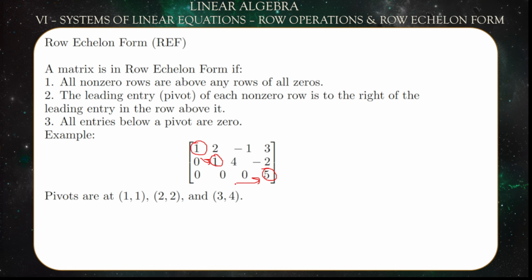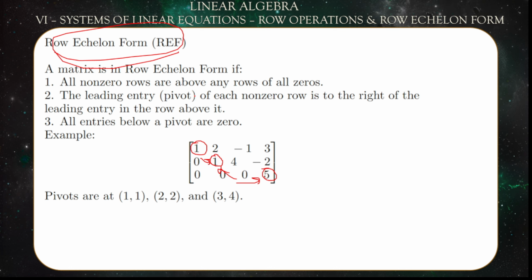So as you go downstairs, each row will have a leading entry to the right of the leading entry of the row above it. You keep shifting to the right as you go downstairs. This is what forms a row echelon form. It is likened to a triangular matrix, although it's not perfectly triangular, but it is so close to that.